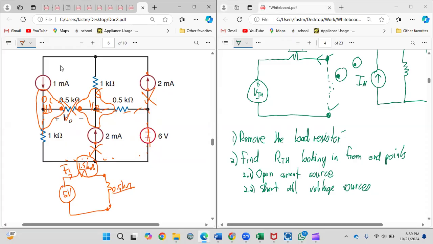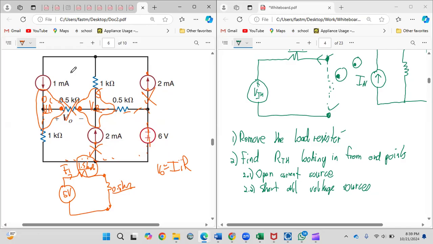If you want the voltage across something, it would just be I R. And that's basically what I wanted to do for this here.